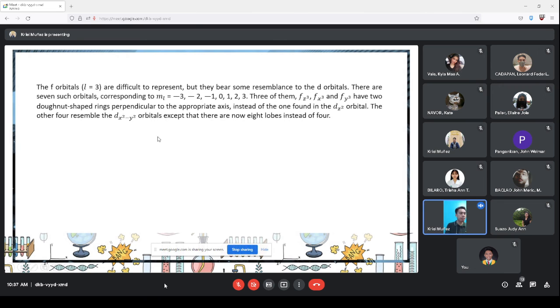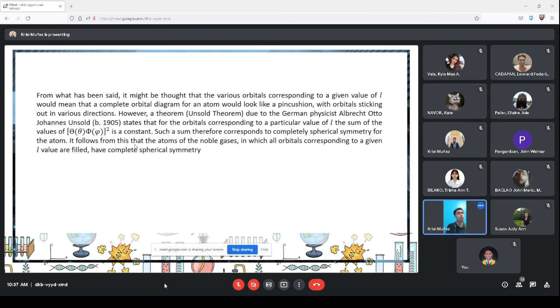The difference from dx squared y squared for the remaining 4 f orbitals is that they have 8 lobes instead of just 4, and the orientation is almost the same as dx squared y squared. Anyway, we don't go up to the f orbital; this is more about trying to visualize what they look like in 3D space.